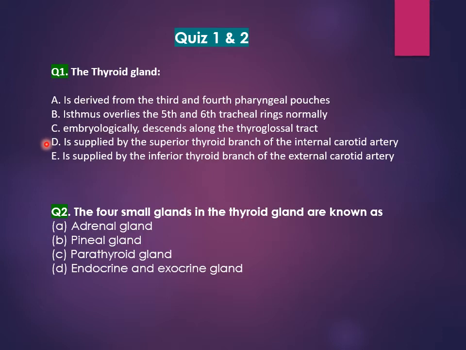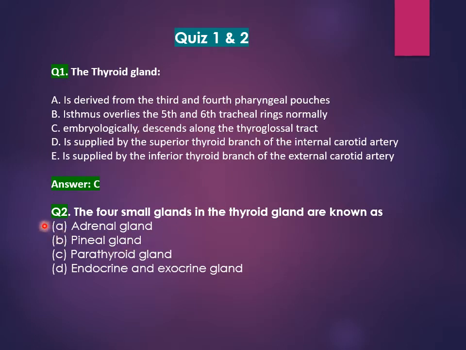D. Is supplied by the superior thyroid branch of the internal carotid artery. And E. Is supplied by the inferior thyroid branch of the external carotid artery. And the answer is C. Embryologically descends along the thyroglossal tract.